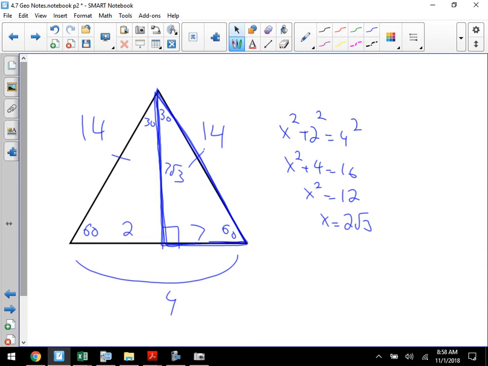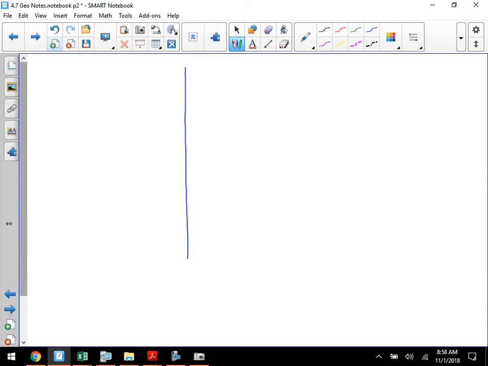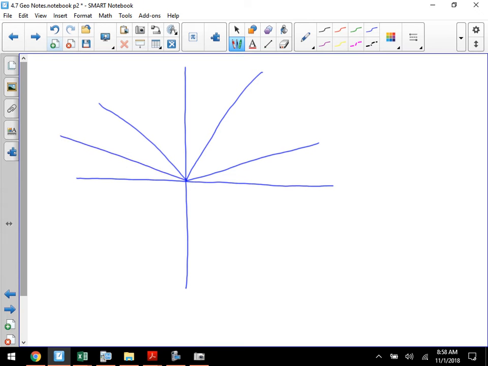So what happens is, using this 30, 60, 90 triangle, sorry, it's really badly drawn.